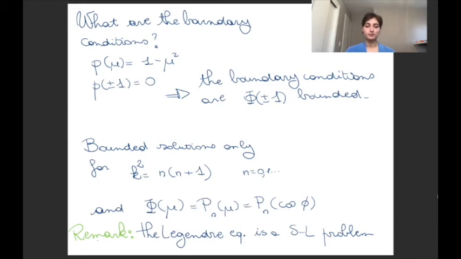So we have that psi as a function of mu is equal to any nth Legendre polynomial with respect to mu, that is equal to, because of the change of variables we did, any Legendre polynomial computed at cos psi.